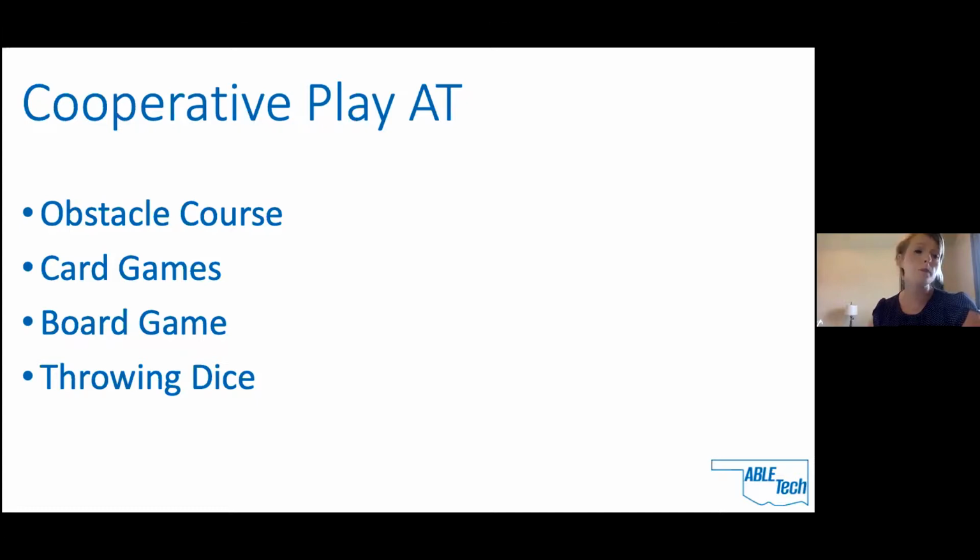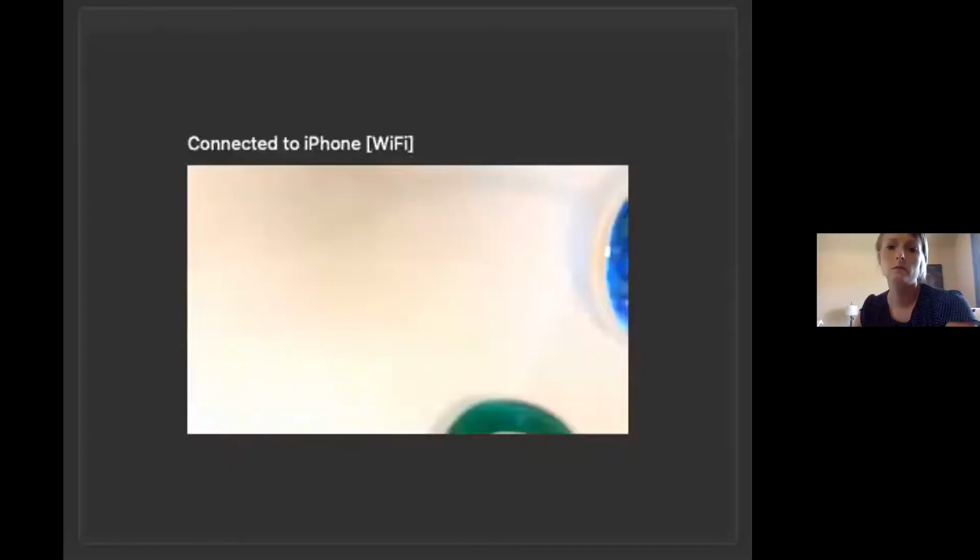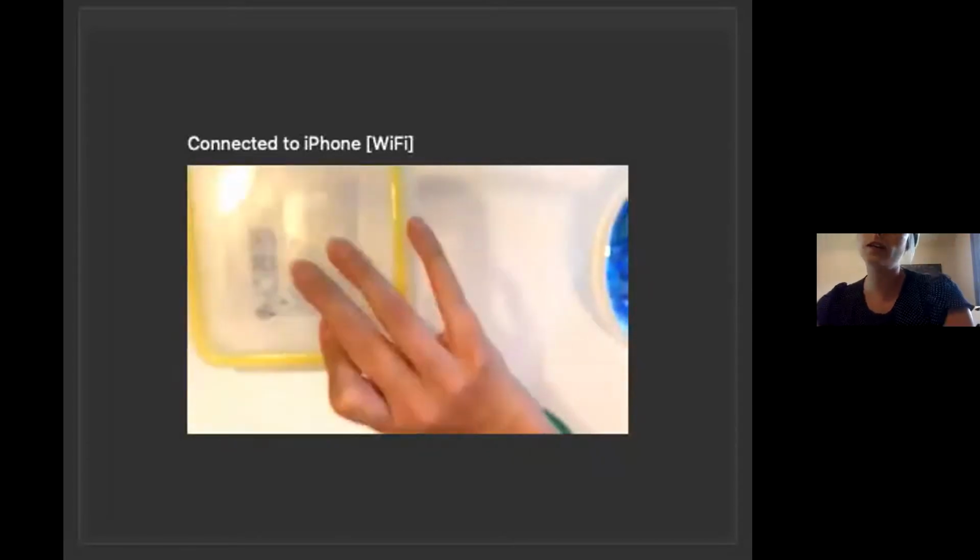Card games, board games, and throwing dice. I did a simple dice activity for the kids that cannot grab a handful of dice to play something like Yahtzee.